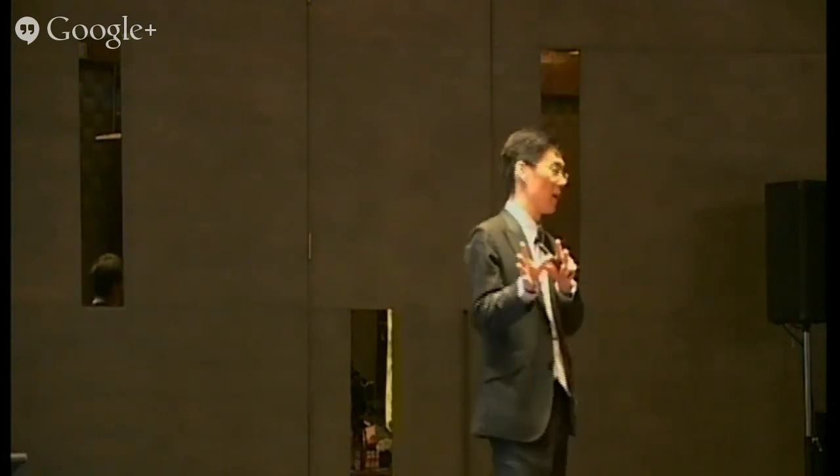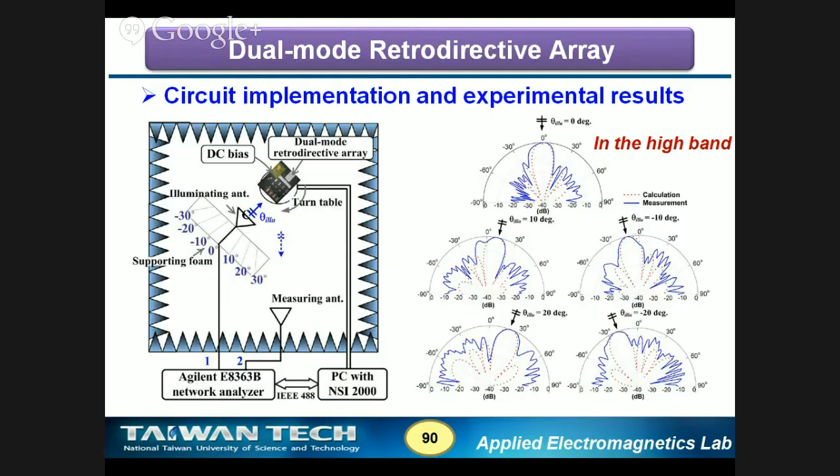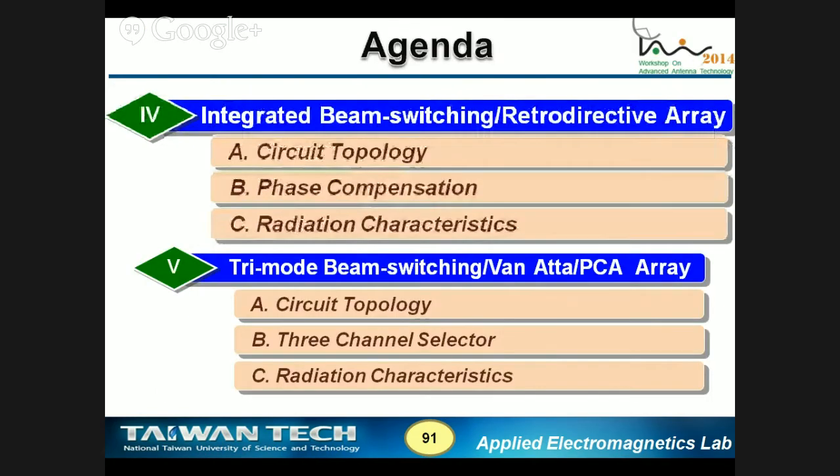It made me very happy, because it is our first work. The measurement result is not very good, but we got some good feedback from the academic field. So this is our first design, and for the second design we want to move forward.